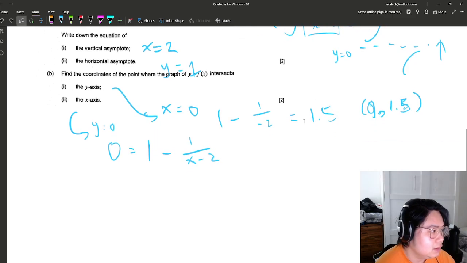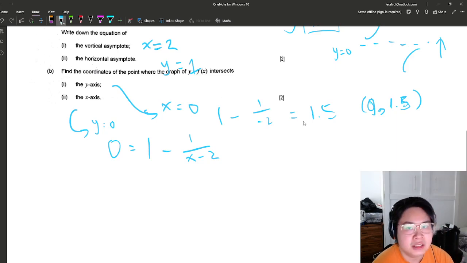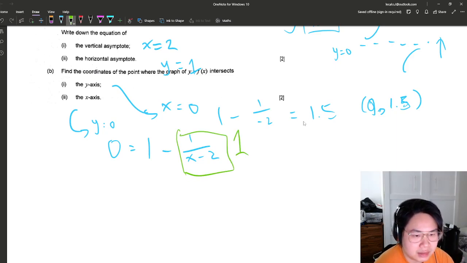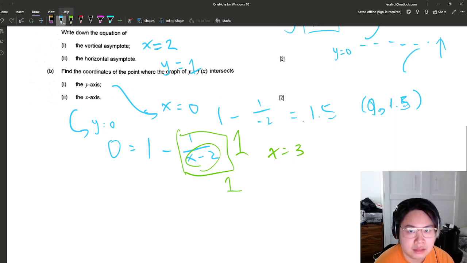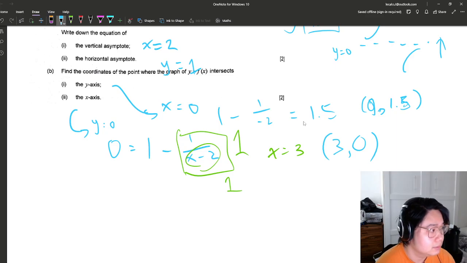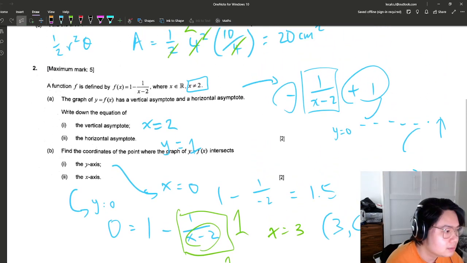You can solve this using algebra, or you can think about it. The only way this is 0 is if this is 1. The only way that this is 1 is if this is 1. So the only way x minus 2 is 1 is if x is 3. So we have a coordinate 3, 0. Okay, is that it? No, looks like there's more on the next page.